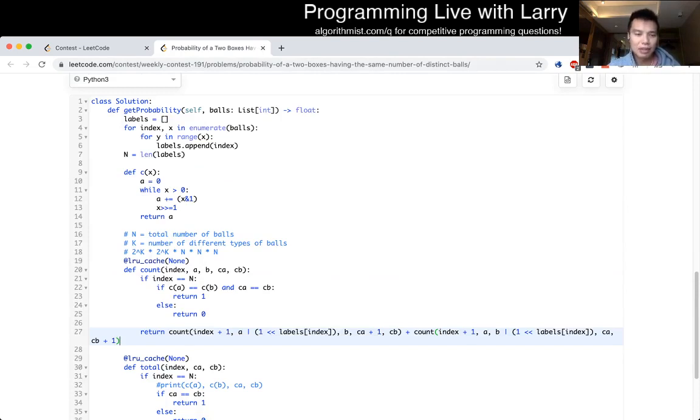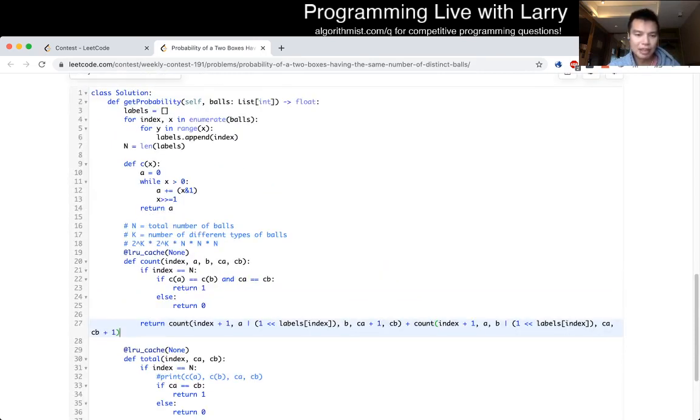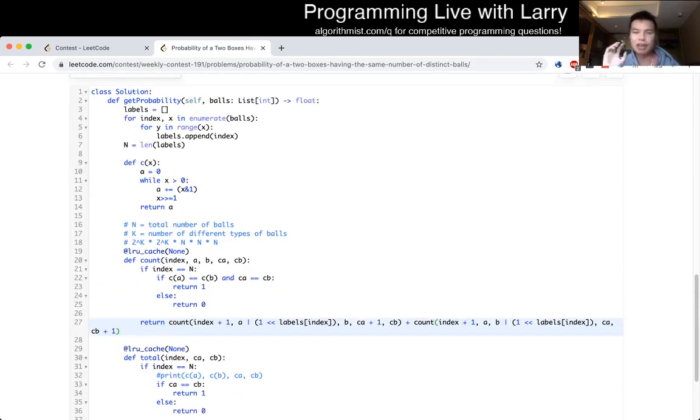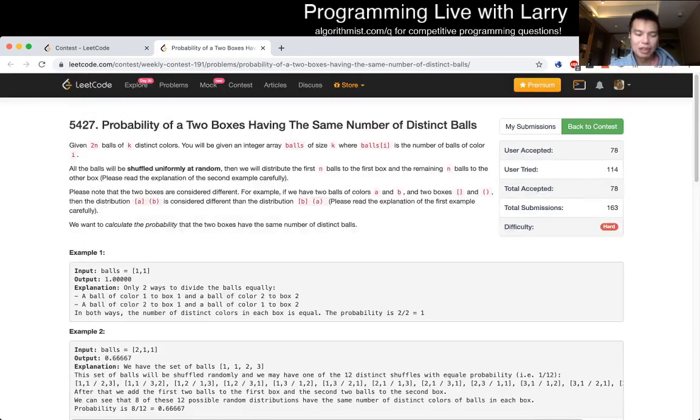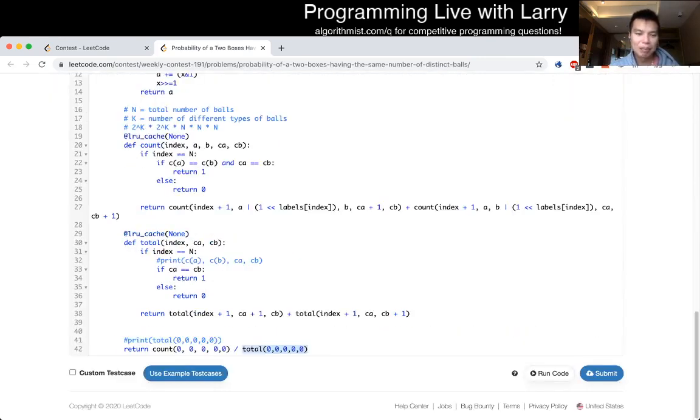Because this is a little bit of a tricky problem, I might explain a little bit more. But the idea is basically the recurrence. Let me recap this problem. So how do you solve this problem? The recap is just find the numerator and the denominator. The total number of possible shuffles requires the number of balls in box 1 and the number of balls in box 2 to be the same.